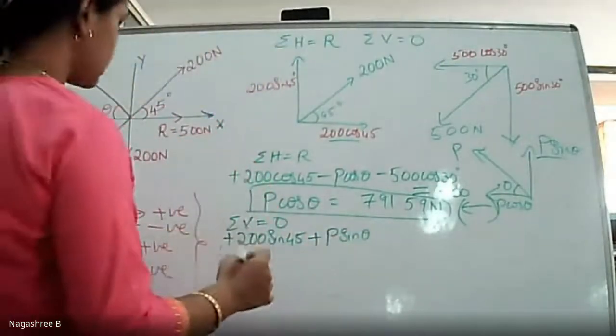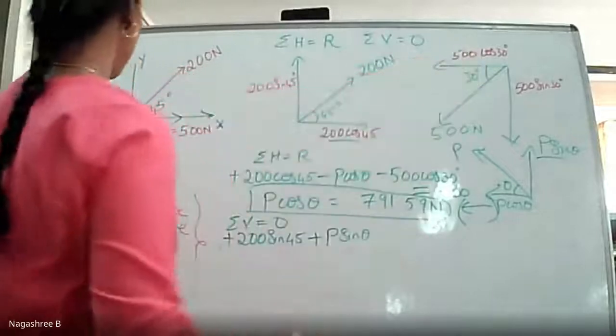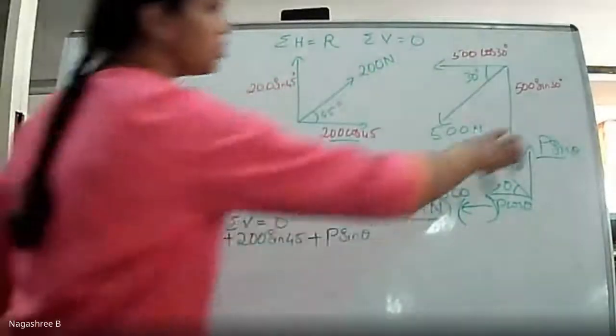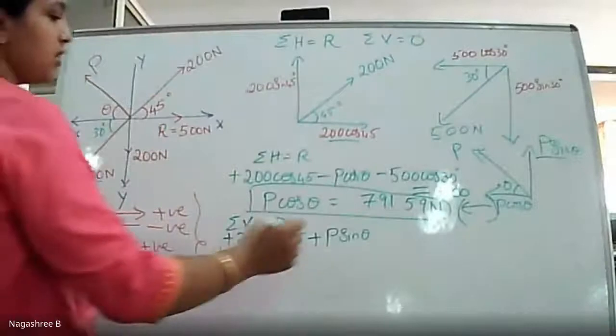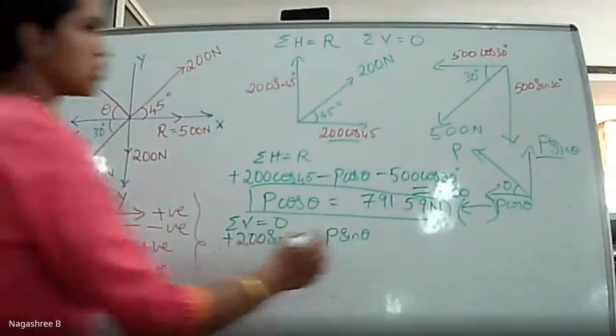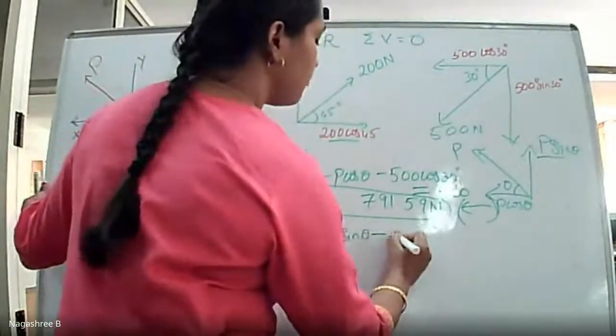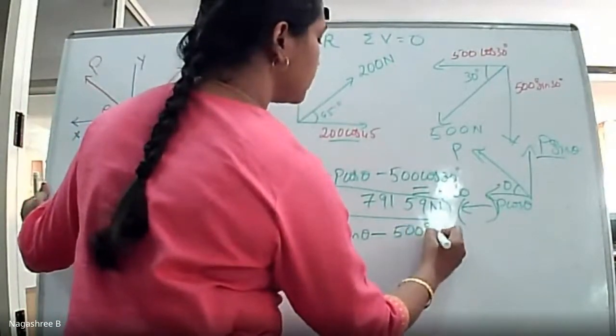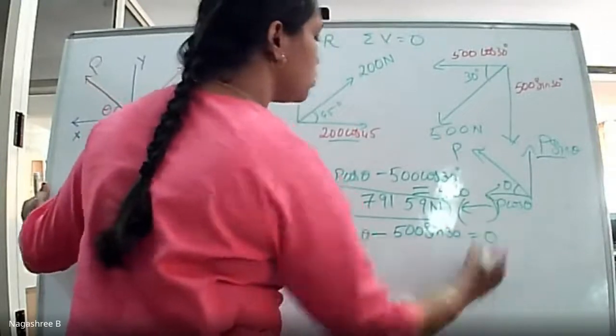So next it is the 500 Newton force. Its resolution is 500 sine 30 in the downward direction. As per my sign convention, it is negative. Therefore it is minus 500 sine 30 equal to 0.